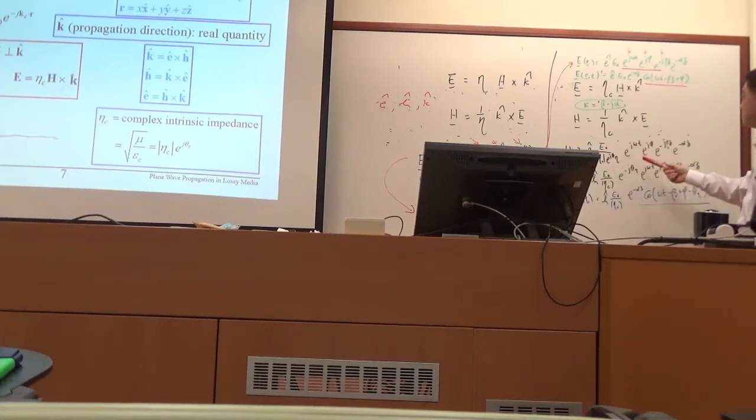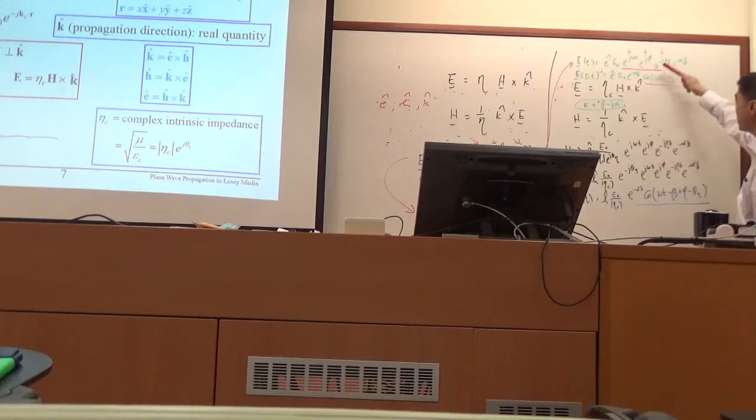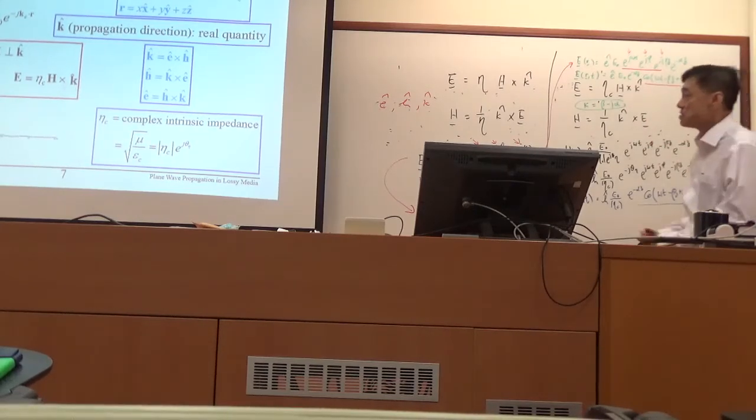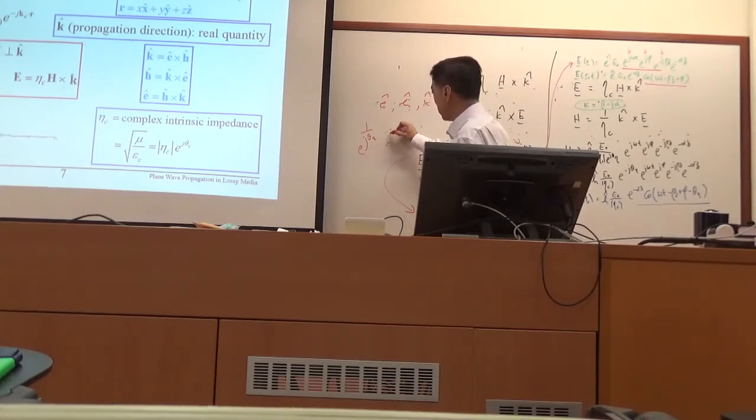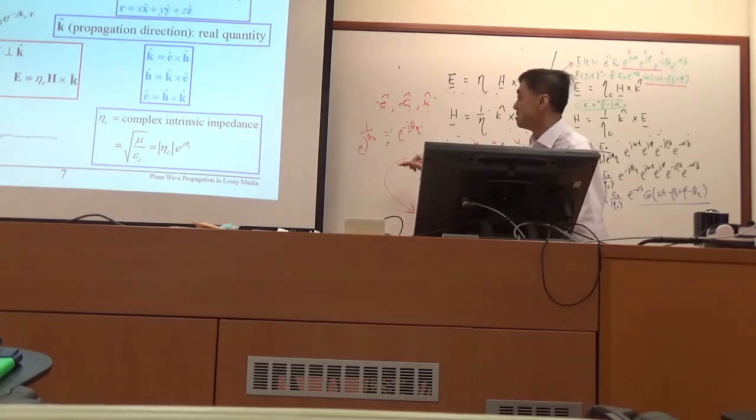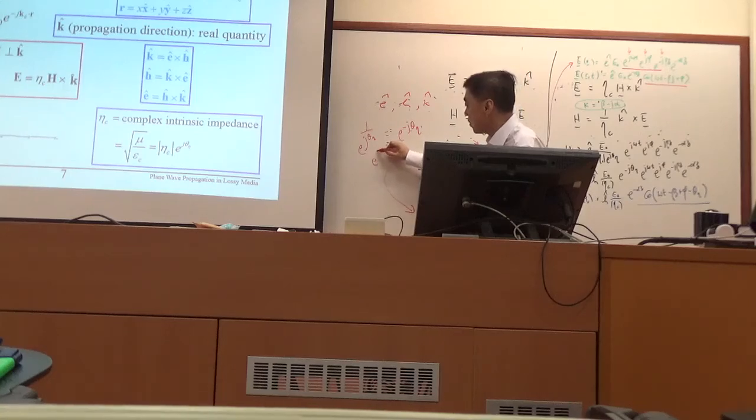Then the rest is the same: e^(j omega t), e^(j phi), e^(-j beta z), e^(-alpha z). And of course then I write e^(j theta), and 1 over e^(j theta) is equal to e^(-j theta). Right?